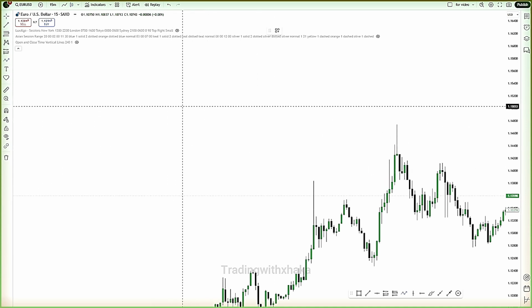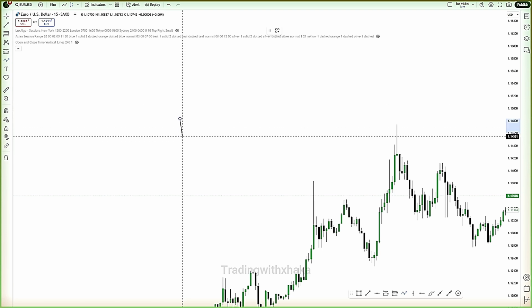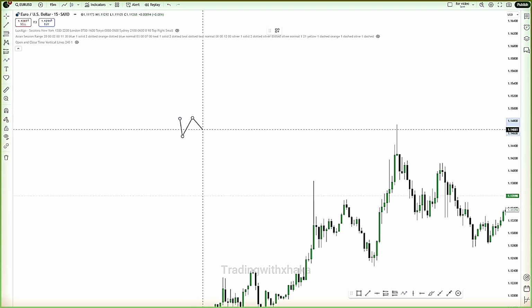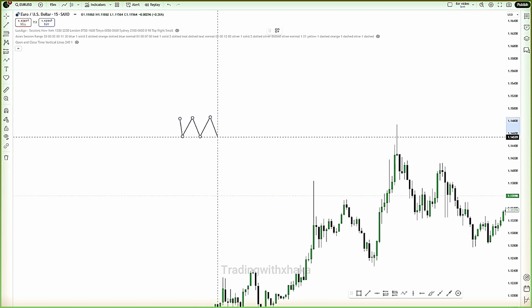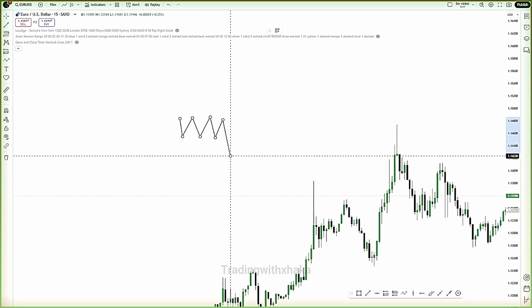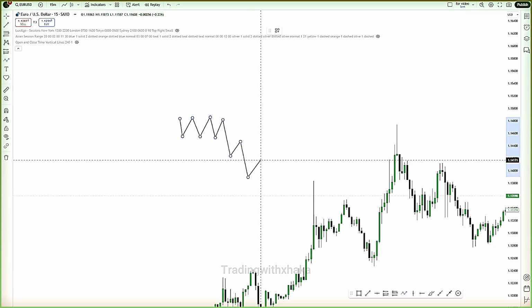During that time, because we have the breakout structure in the 4-hour time frame, in the 15 minutes time frame, which is the entry time frame, you are likely to see a liquidity build-up, equal highs or relative equal highs. Then this is a minor pullback that happens during that time before the mitigation happens.